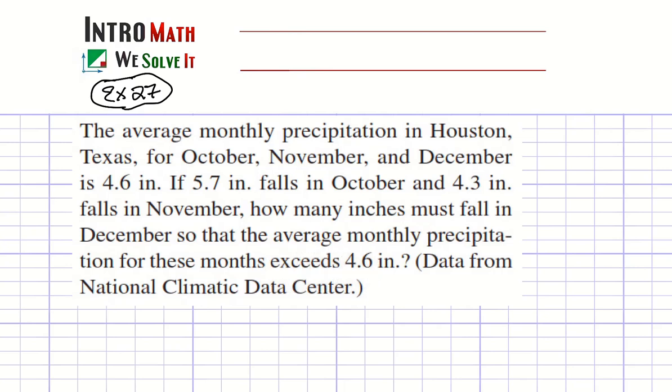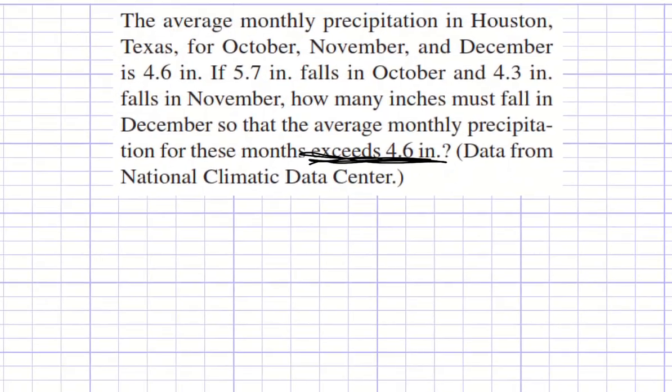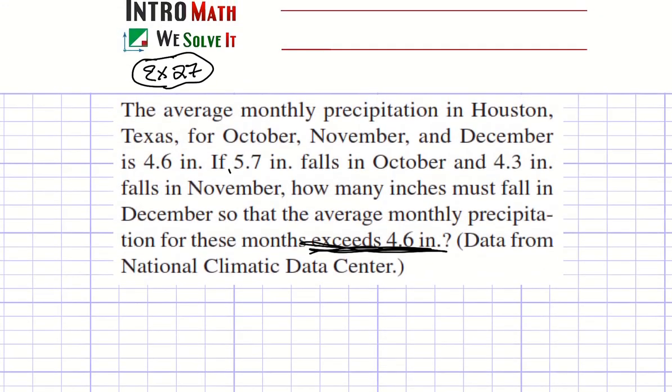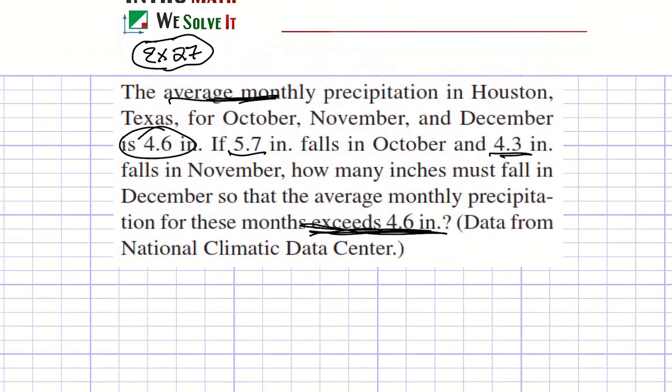Pick up on that. Exceeds means greater than. You're given two numbers, then the third one, and they give you the average. It's like what we did with grades.